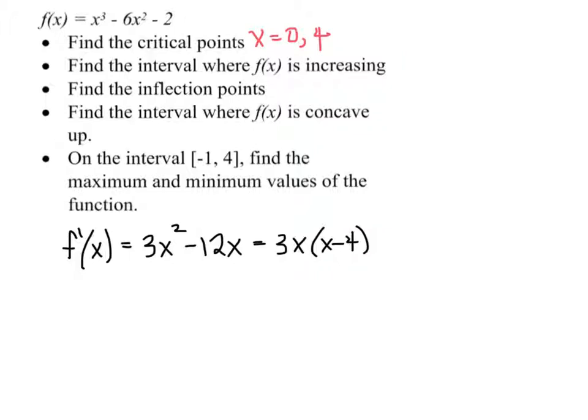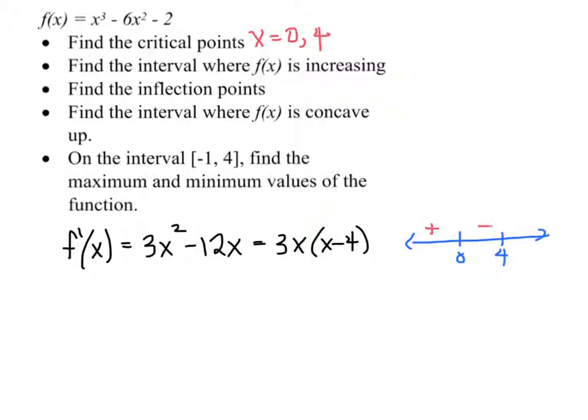The function is increasing when the derivative is positive. So now we've got to do a little sign analysis on our derivative. Let me put in the zeros. If I plug in a number less than 0, so pick a negative number, I get negative times negative. Well, that's positive. If I plug in a number between 0 and 4, let's say 1, I get a positive and a negative.